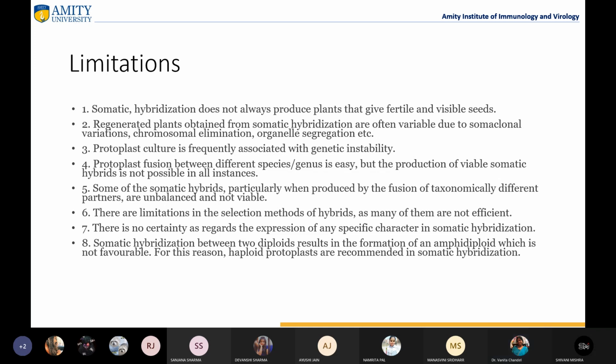Adish Mishra. Present, ma'am. Ayushi Jain. Present, ma'am. Sam. Present, ma'am. Devanshi. Present, ma'am. Ishita Arora. Present, ma'am. Kshitij Singh. Manaswani. Present, ma'am. Namrita. Present, ma'am. Nehal. Present, ma'am. Rupal.